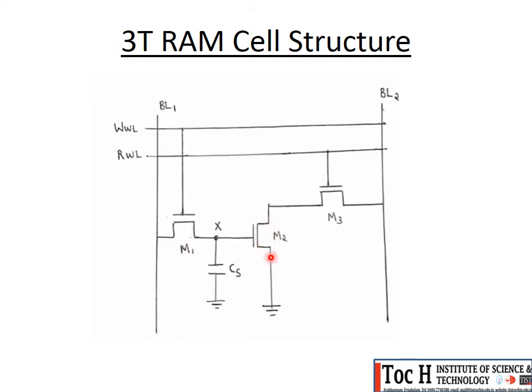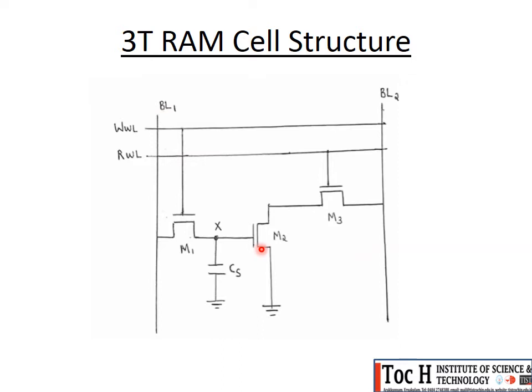What about the case of M2? Actually, the status of M2 depends on the voltage at X, or the storage value in the capacitor CS. If the stored value is 1, that is the voltage at X will be VDD, then the transistor M2 will be on. If the stored value is 0, then the voltage at X will be 0, and M2 will be off.